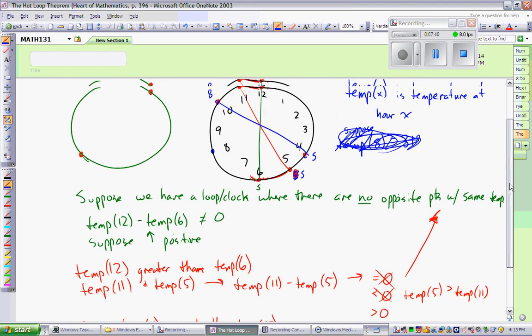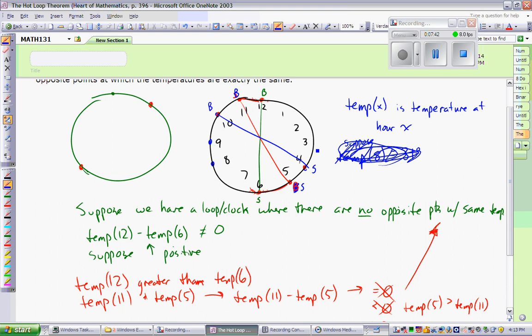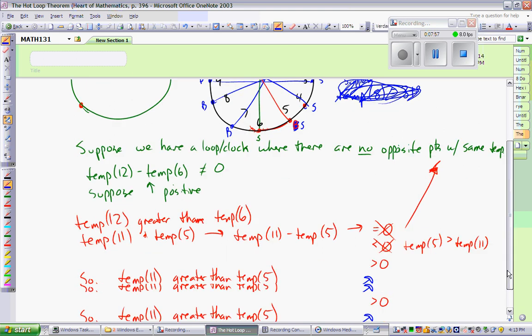So we don't have the contradiction as long as 9 is bigger than 3. B for big, S for small. Similarly, 8 and 2, big, small, 7 and 1, big, small.